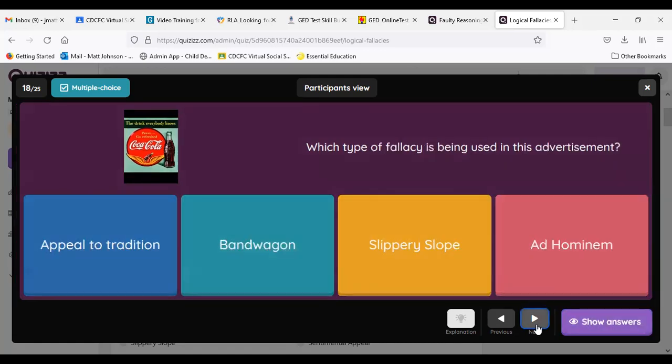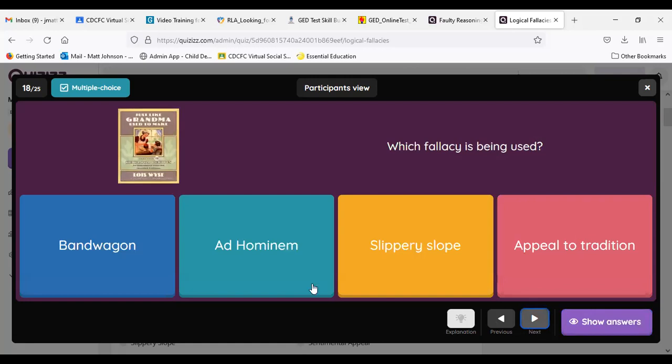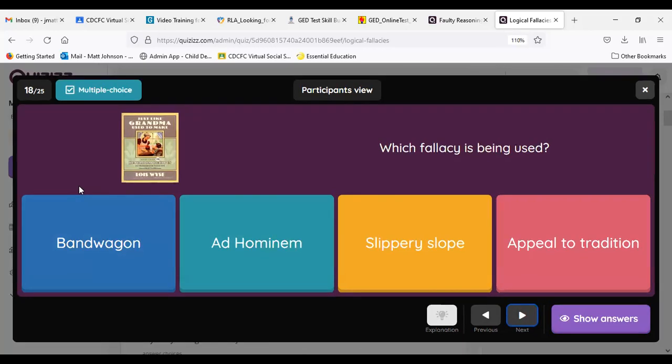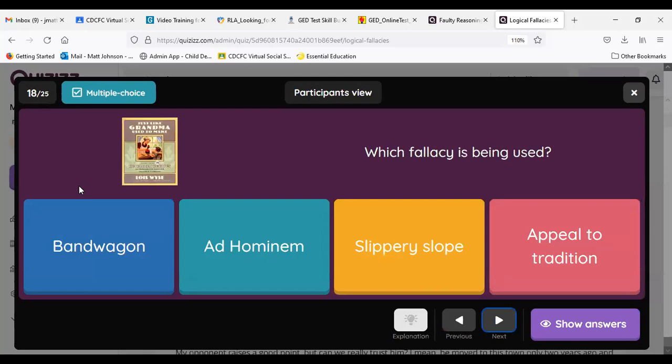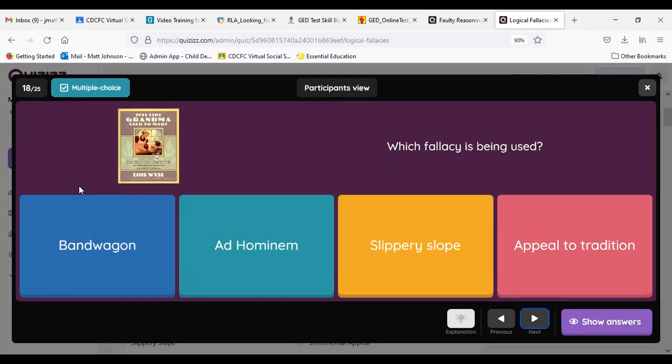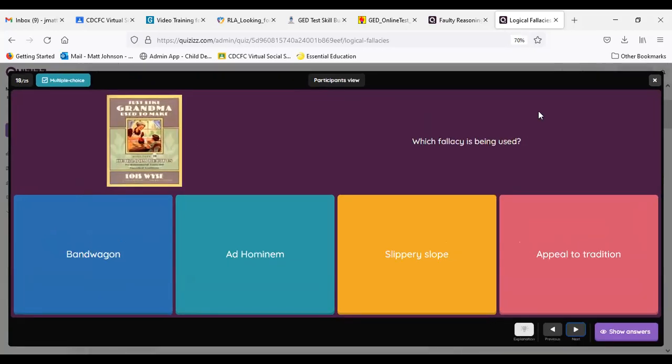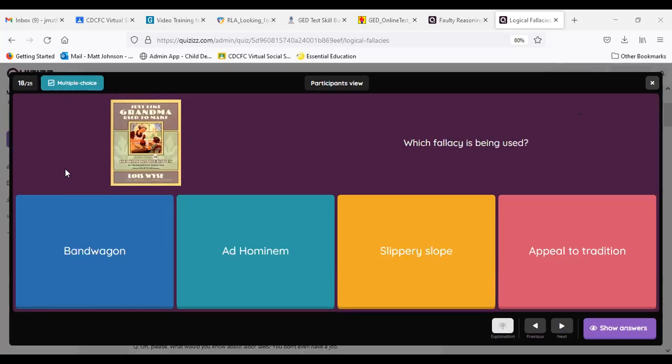All right. Christiana. Ooh, that one's tough to read. So this says just like grandma used to make. I'm having trouble. It won't let me zoom in. Let me see if I can change the size here or something.